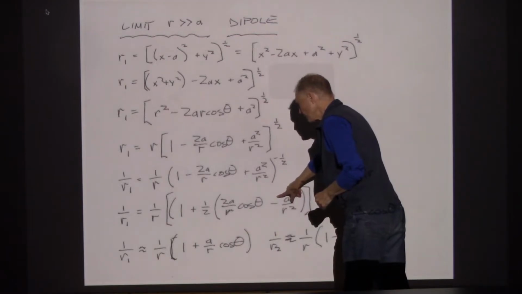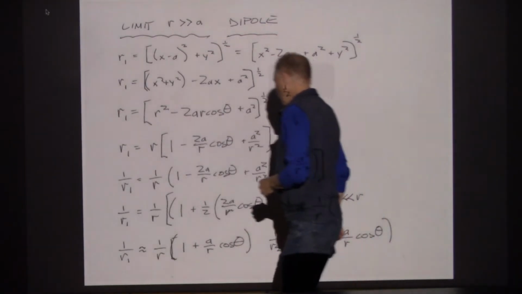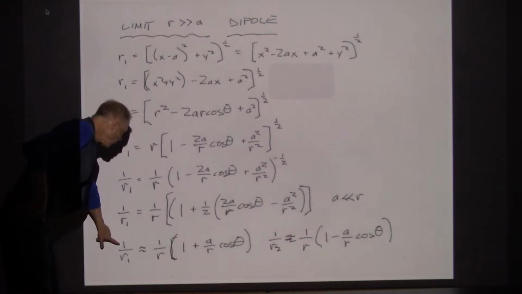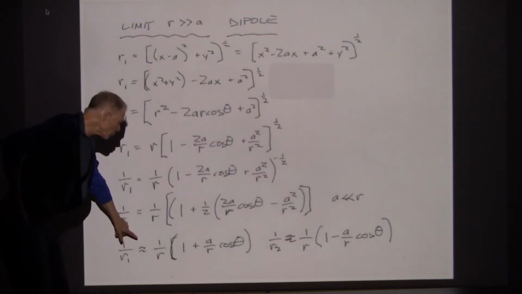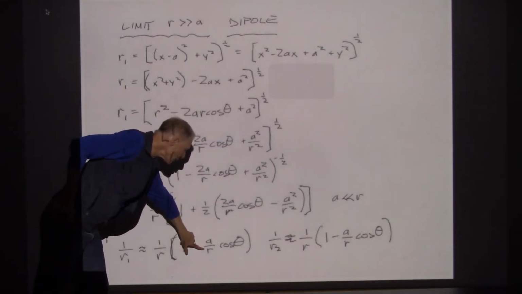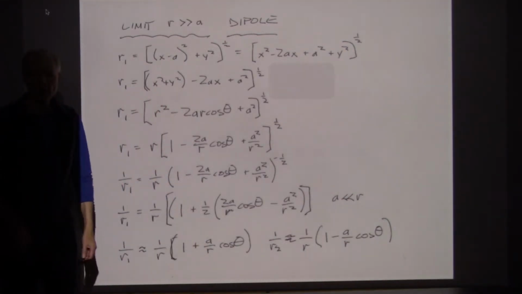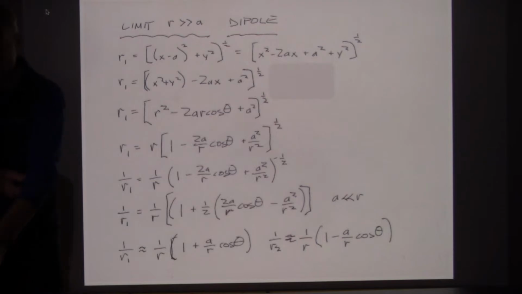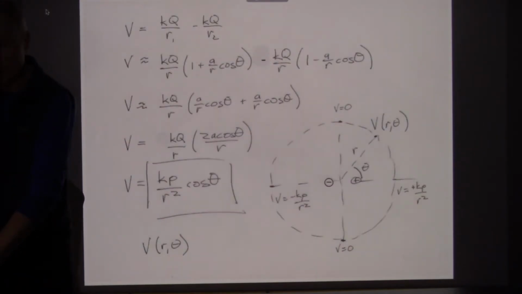The approximation gives us a formula where 1 over r1 is approximately equal to 1 over r, times 1 plus a over r times the cosine of theta. Again, that's assuming that we're a fair distance away.